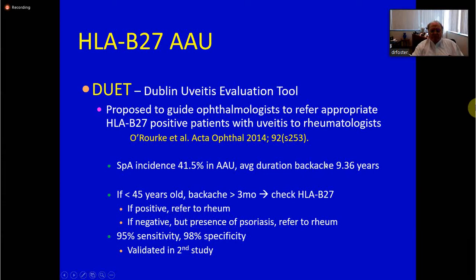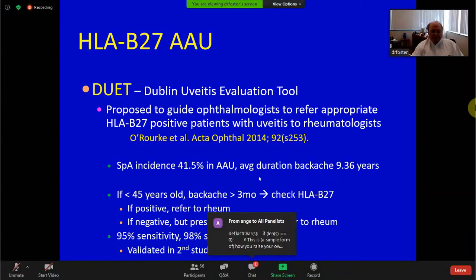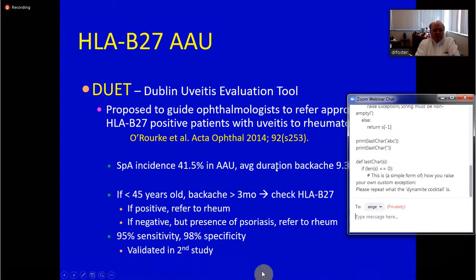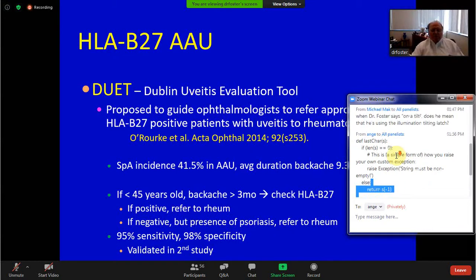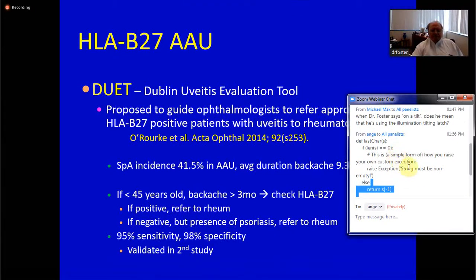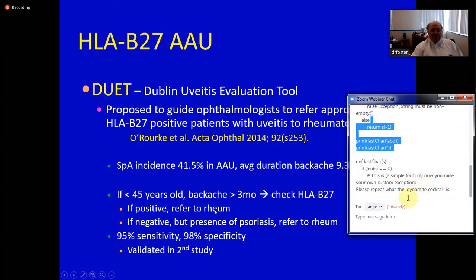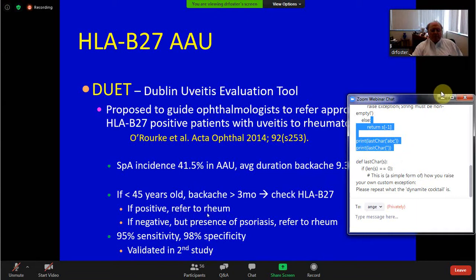They had had their backache for almost 10 years. So these patients can have underlying spondyloarthropathy that they have minimized in terms of its importance. They haven't been referred to a rheumatologist, but it's appropriate to get it looked at. Referral to a rheumatologist, I think, is important.